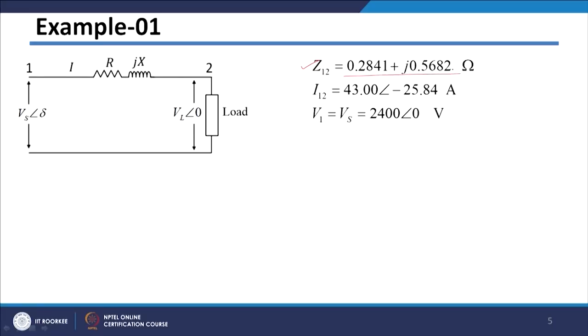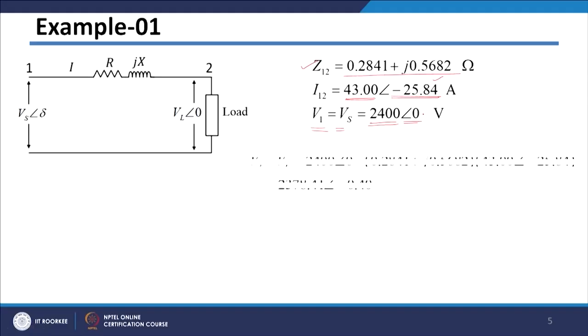Then let us say the current flowing through the feeder is 43 ampere with lagging power factor of 0.9. So, therefore, the phase angle will be minus 25.84, and for the voltages, the voltage at the sending end, I am assuming it is 2400 with angle 0 degree.